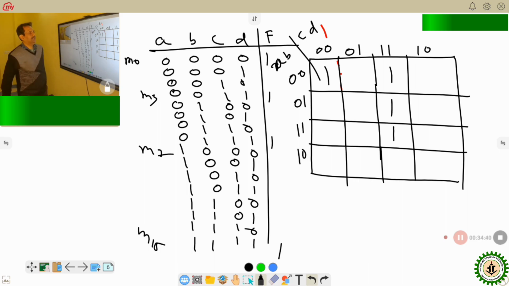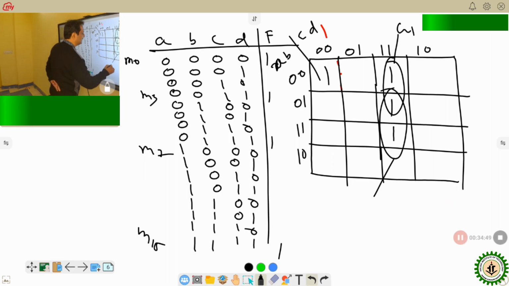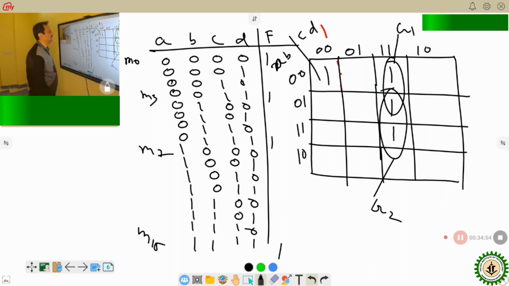Now for that particular case, we can prepare groups. This is group 1 and this is another group, group 2, and this one is fully independent, so there is no group there.